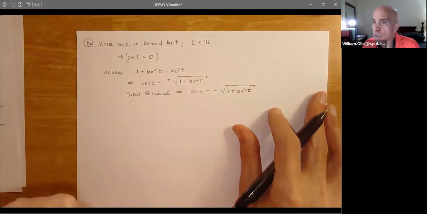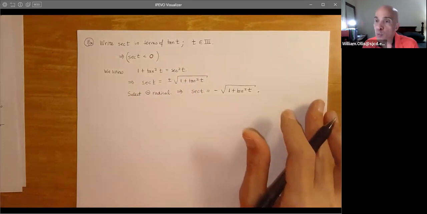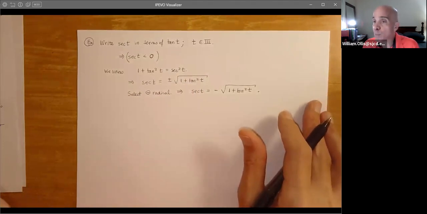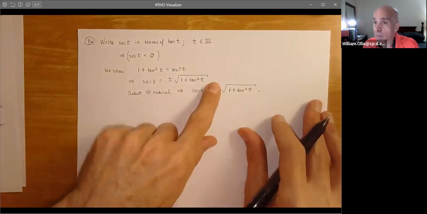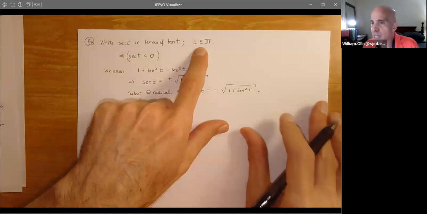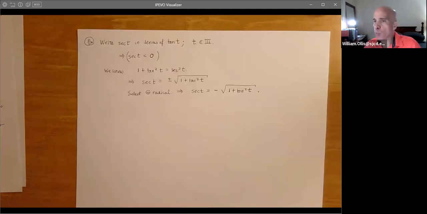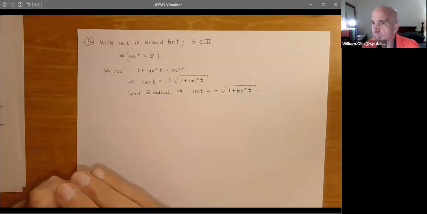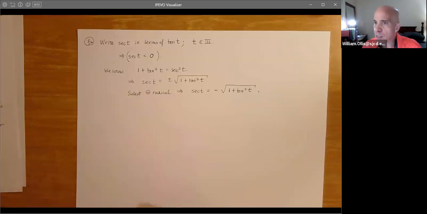Because if we are in quadrants 1 and 4, where cosine is positive, then we would have no negative. So every time we solve a problem in trigonometry, we have to know where the t lives. We have to know certain information so that we can determine the plus or the minus.